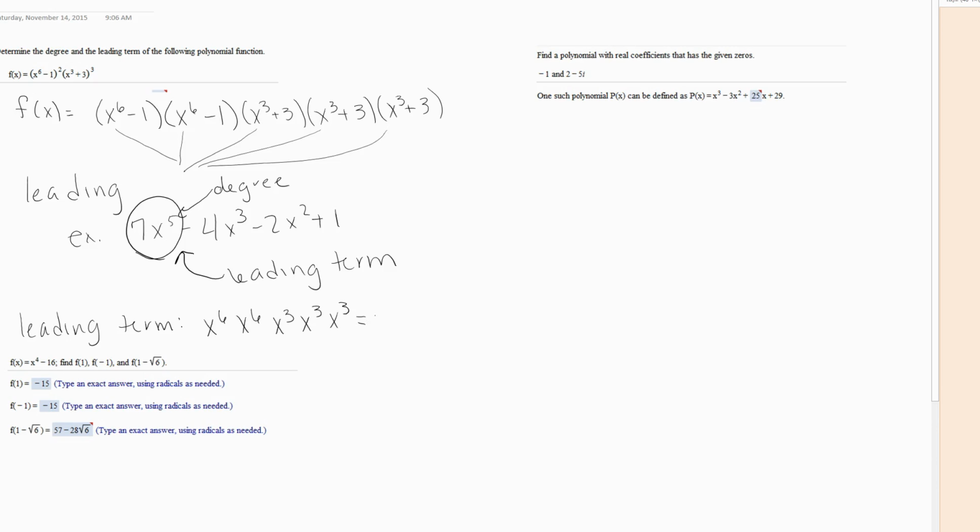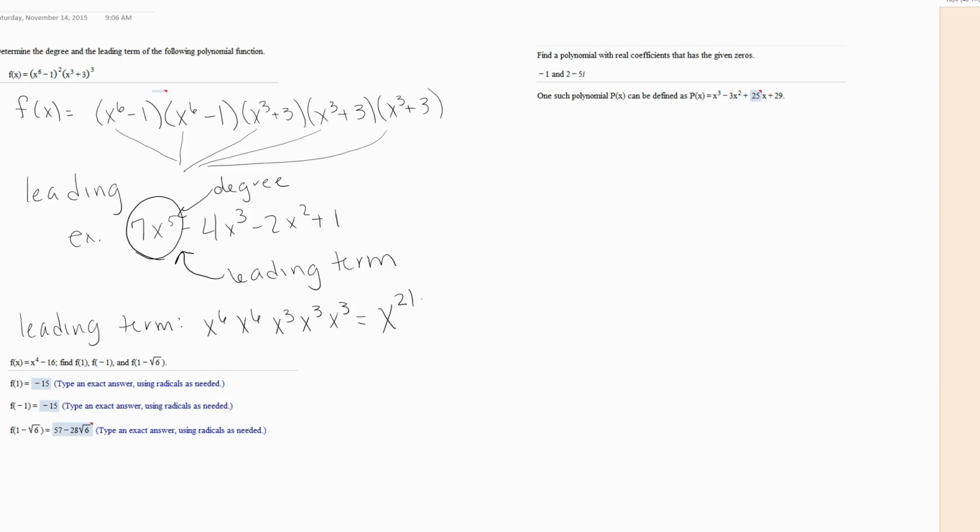Since these are all just x's, we would add the exponents together. So 6 plus 6 plus 3 plus 3 plus 3 would be 12 plus 9, which is 21. So the leading term is x to the 21st power, and the degree would just be 21.